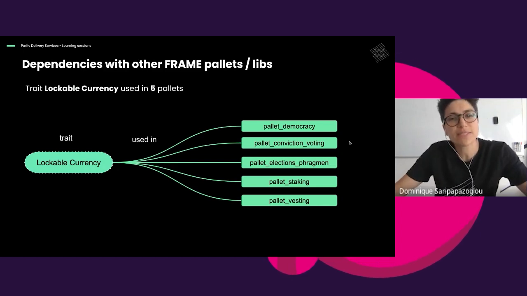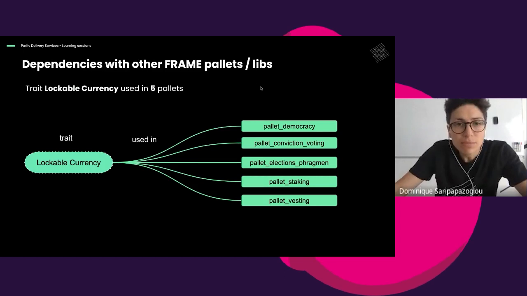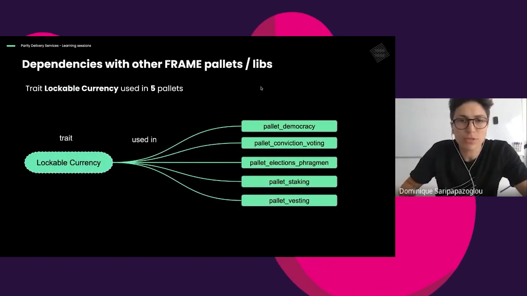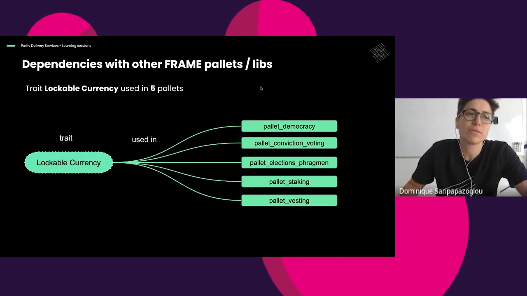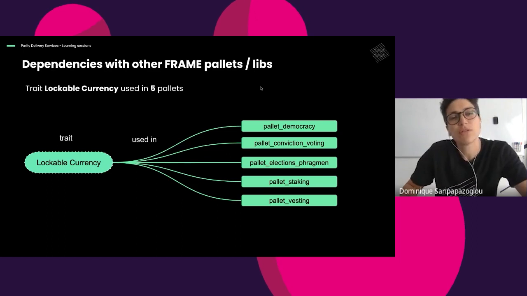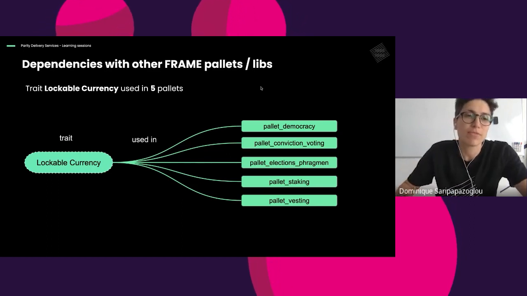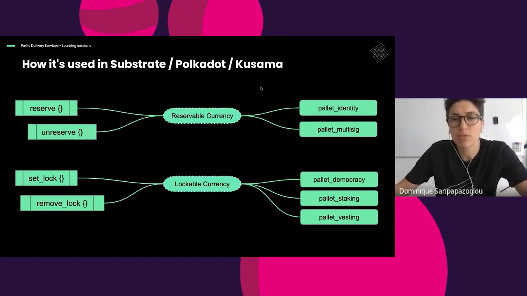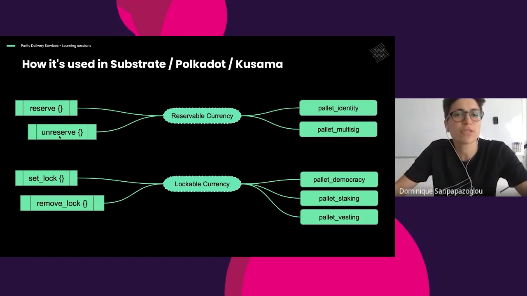So these are the dependencies and exactly how the traits are used in other pallets. In the next slides, I will show some examples of the calls that the other pallets are using from these traits. One typical example is the reservable currency trait, which has the 2 calls of reserve and unreserve.